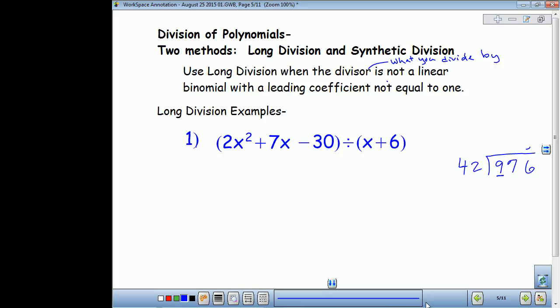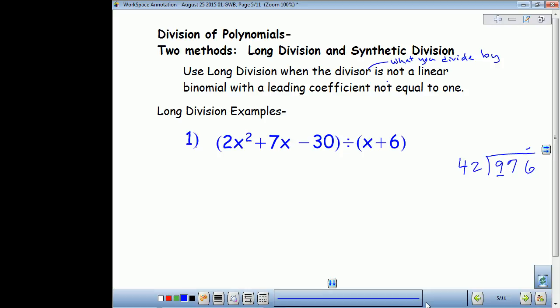All right. But to prove a point later on, my first long division example actually is with a linear binomial divisor with a leading coefficient of 1, isn't it? So after today, when we do this, we probably wouldn't do this problem as long division. But let's take a look at this.